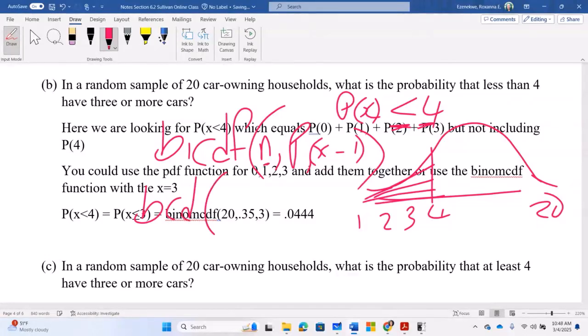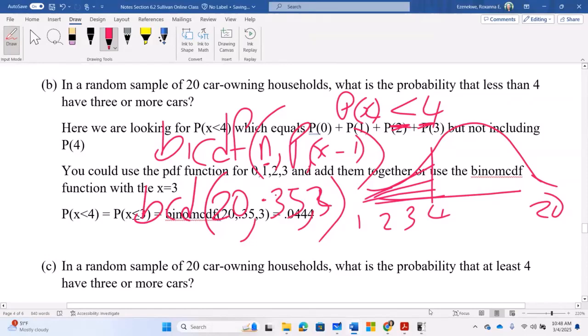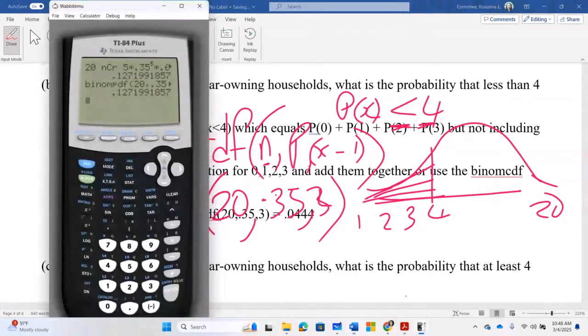The sample size is 20, success is 0.35, less than 4 means starting at 3. So let me calculate, and I'll get one answer. Then I'll show you another way of doing this.